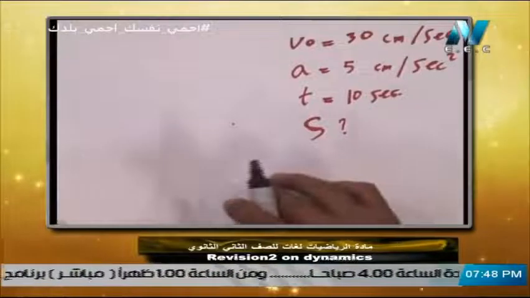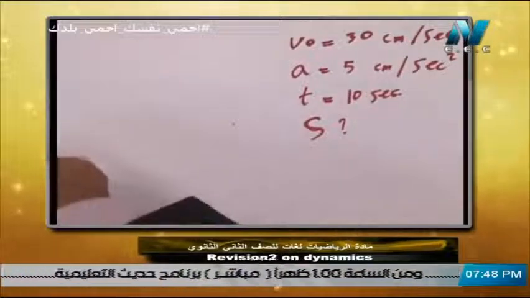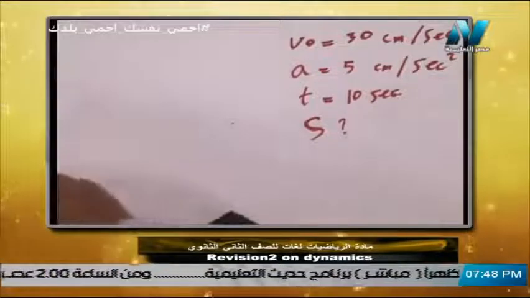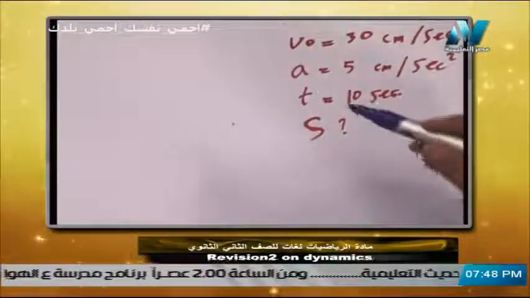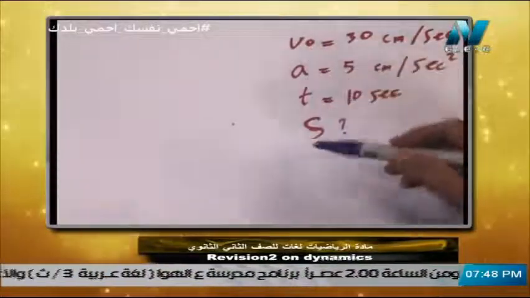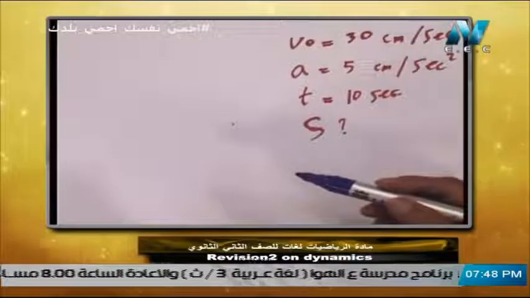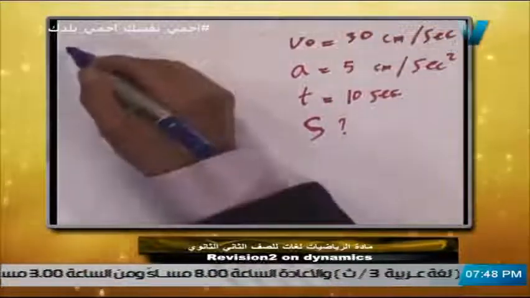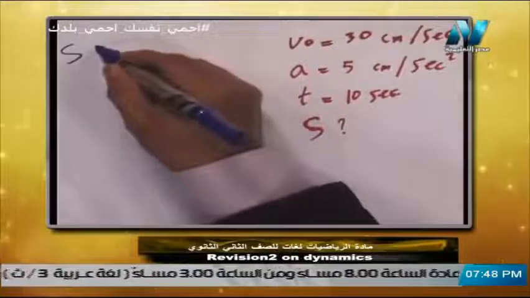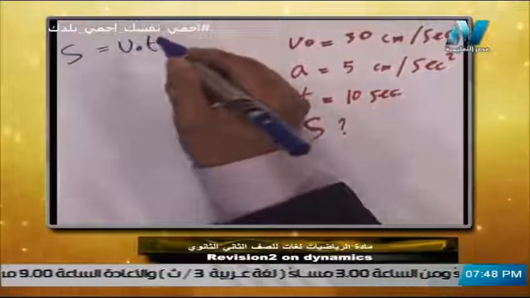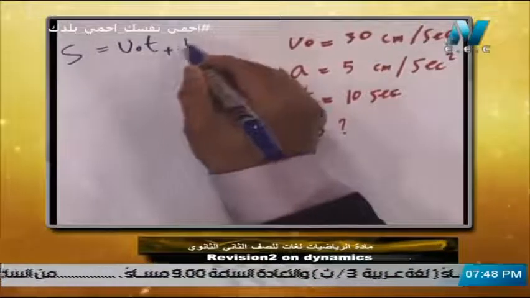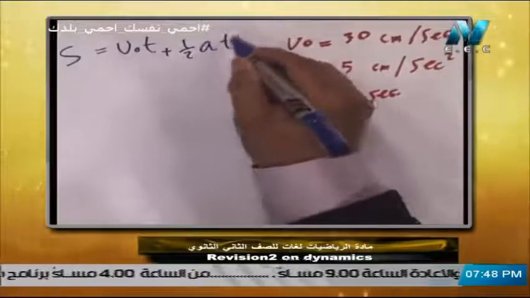Okay, it's easy for you to deduce that we will apply the rule that has V naught, A, t, and S. This rule will be S equals V naught t plus half A t power 2.